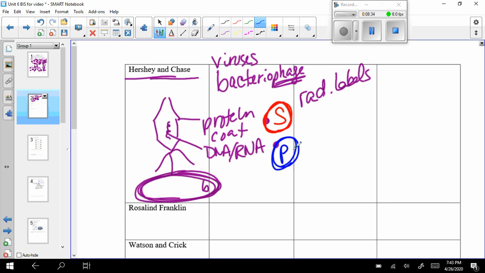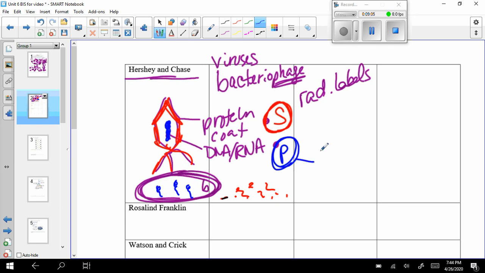They ran two different experiments, and in the first one, they used this radioactive tag, and that labeled the protein. When they looked at the bacteria afterwards, all of the red radioactive tags were in the environment. They were not in the cell. Then when they ran the experiment again, and they only used this radioactive label of the DNA, they found all of those radioactive labels inside the cell.